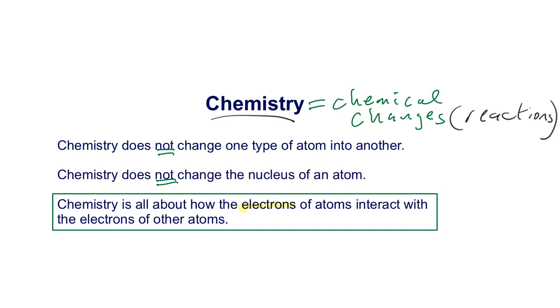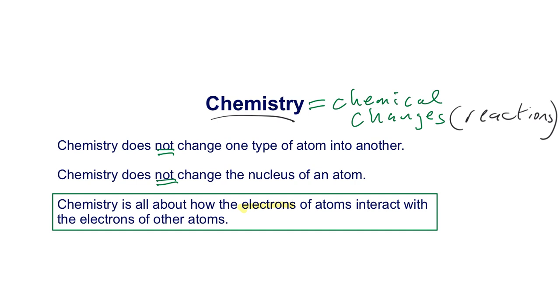Okay, we're going to talk about chemistry a little bit, and this will prepare you for your chemistry class next year as well. Now, when elements or atoms chemically react with each other, it's not the nucleus that's having anything to do with that.